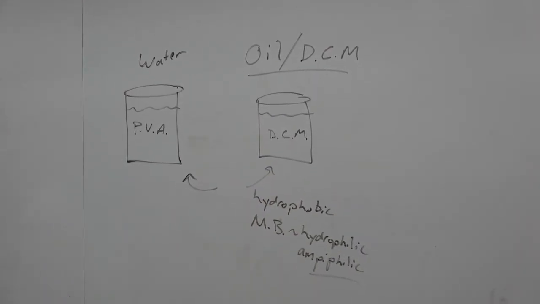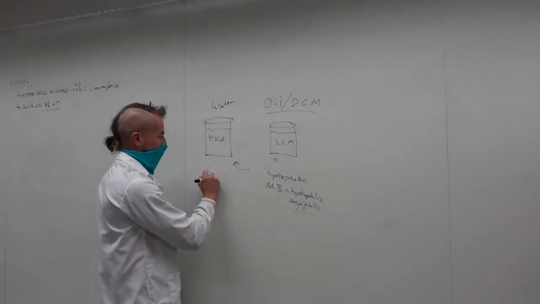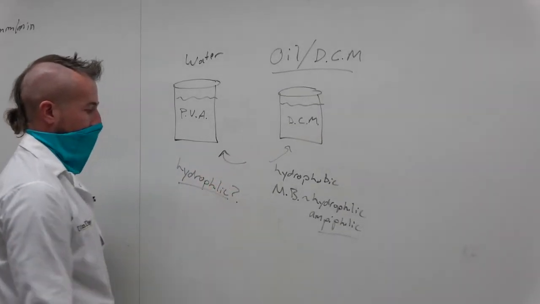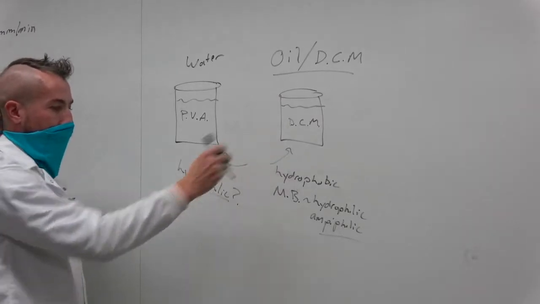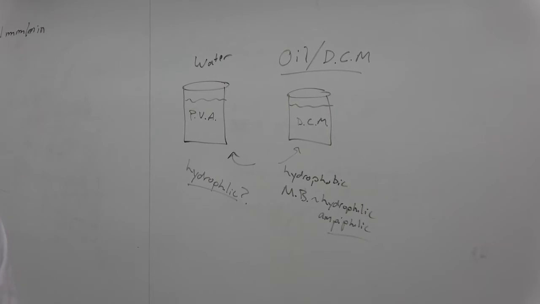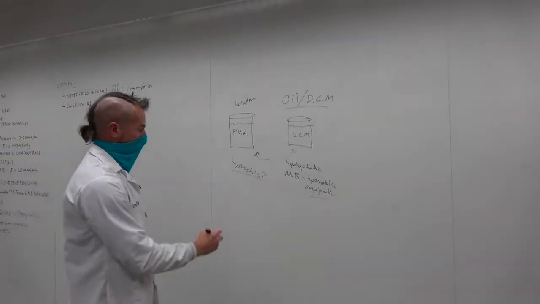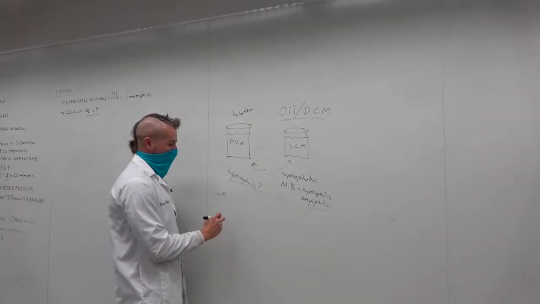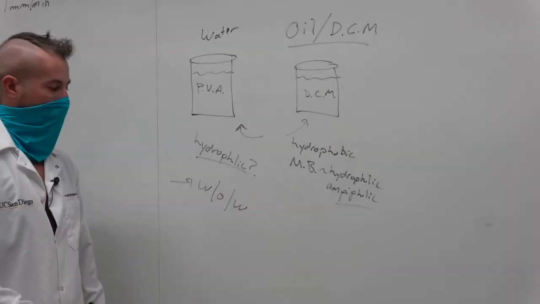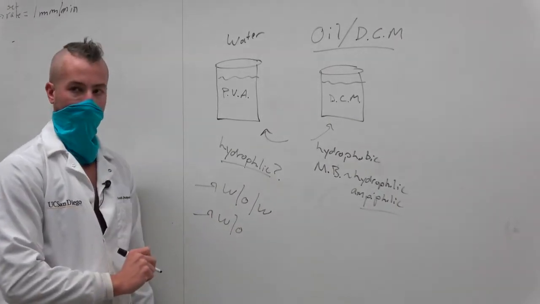And so we can put it into dichloromethane as well. Now, what if you had something that was completely hydrophilic, that could not be dissolved in dichloromethane? Would we still be able to make these kinds of particles? The answer is yes, but what we would have to do is what's known as a water-oil-water emulsion, as opposed to what we're doing today, which is just a water and oil emulsion.